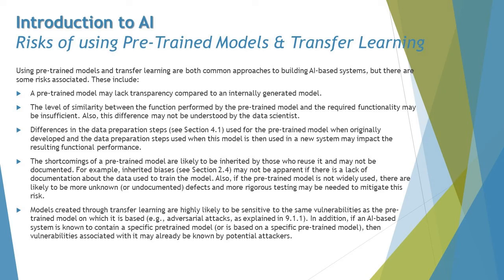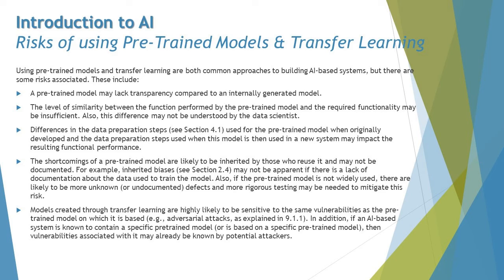Also, if the pre-trained model is not widely used, there are likely to be more unknown defects, and more rigorous testing may be needed to mitigate this. The point is, we need to make sure that the reusability of any pre-trained model is put into papers and documented, so that we have all the references on how exactly we trained it and what kind of information we are using about it. Having knowledge of the architecture and all the information about it could make your job easier.